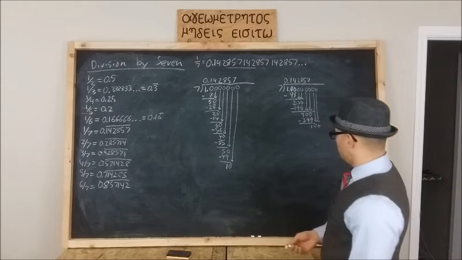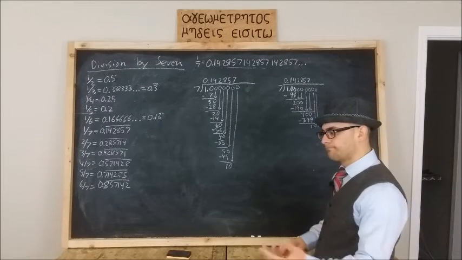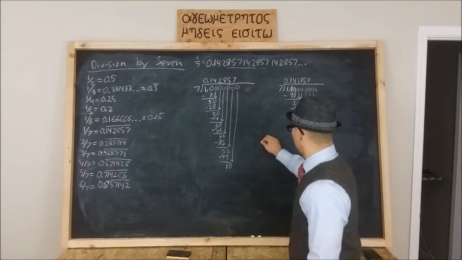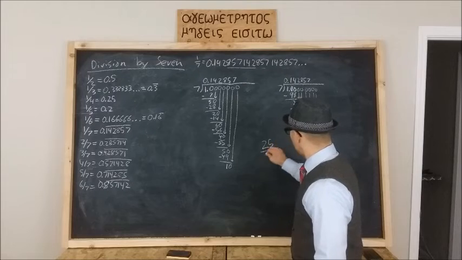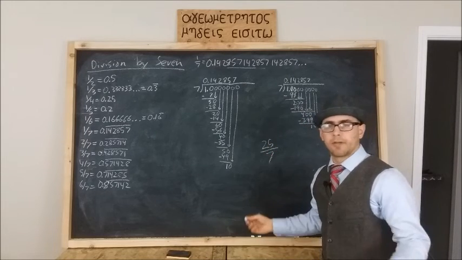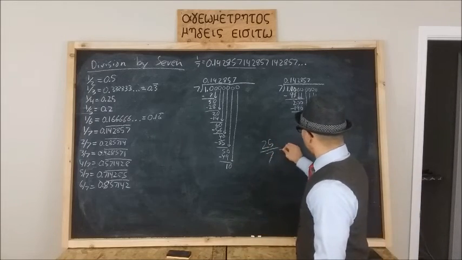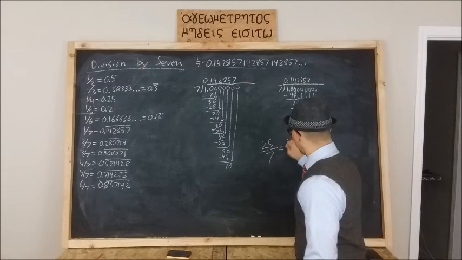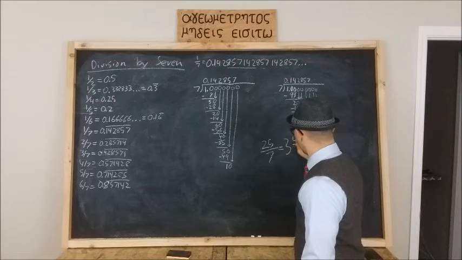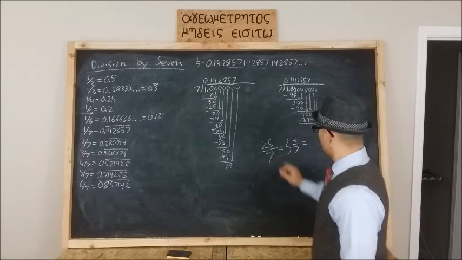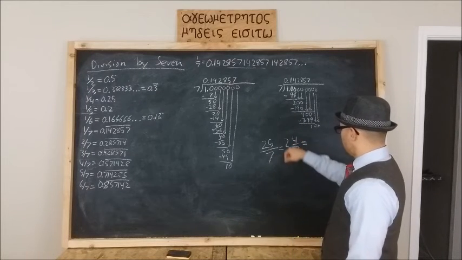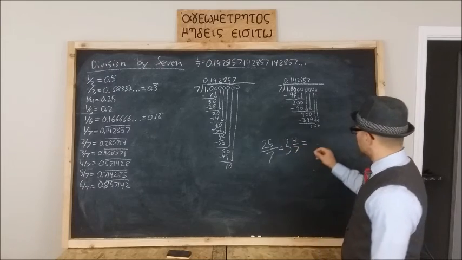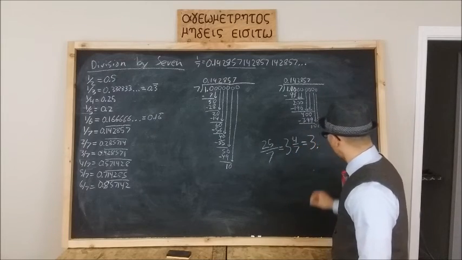So, let's say somebody gives you a number, 25 divided by 7. Okay, this is a fraction. Let me rewrite that as a mixed fraction. That's going to be 3 and 4/7. Okay, so this is a mixed fraction. To write it as a decimal, that's going to be 3 point.